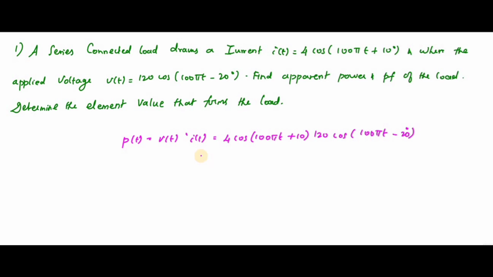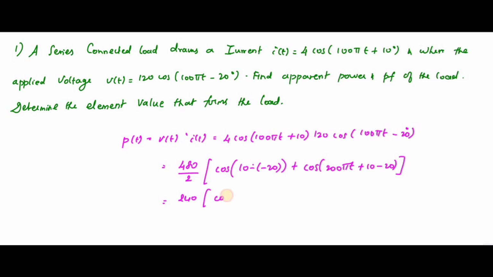So this is equal to 480 divided by 2 into cos of (10 minus minus 20) plus cos of (200 pi t plus 10 minus 20). So this is equal to 240 cos 30.